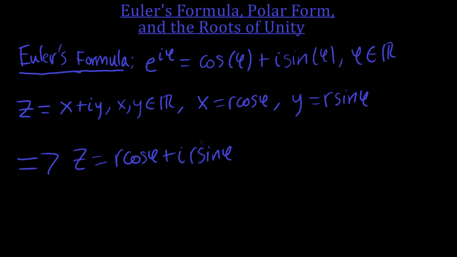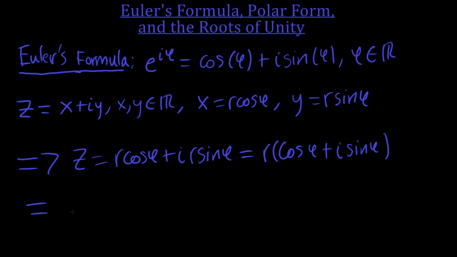So what we should do is factor out the r term, and then we can go ahead and do a substitution. So factoring out the r term, we get that this is equal to r times cosine phi plus i sine phi. And that's exactly what we find in Euler's formula. So we can go ahead and sub in e to the i phi for cosine phi plus i sine phi.